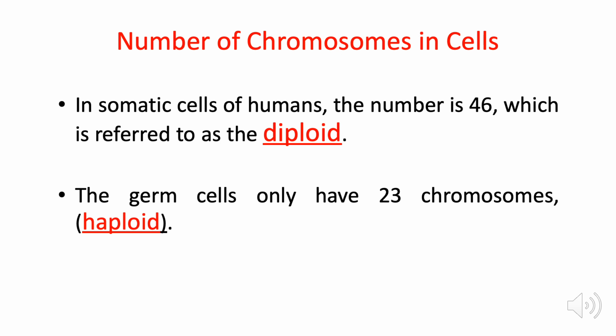Since the 46 number is twice the 23 chromosomes of our germ cells, then you will refer to somatic cells as diploid. On the other hand, germ cells only have half of the number of chromosomes of somatic cells. That's why the germ cells are referred to as haploid, for they only have 23 chromosomes.